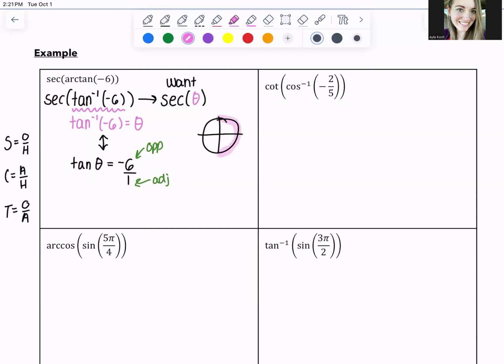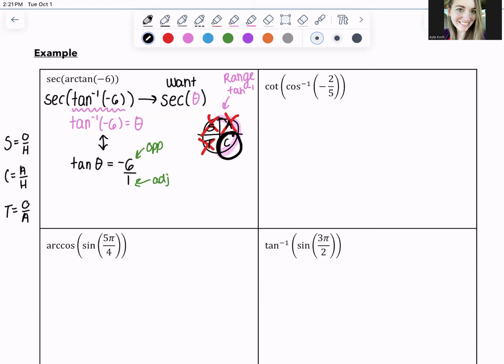Tangent inverse's range is -π/2 to π/2. That's the range of tan inverse. So we know we're not in quadrants 2 or 3. We know tangent is negative, so it can't be in the first quadrant. This has to be in quadrant 4. And again, the reason we have to strike out quadrant 1 is because tangent is negative.